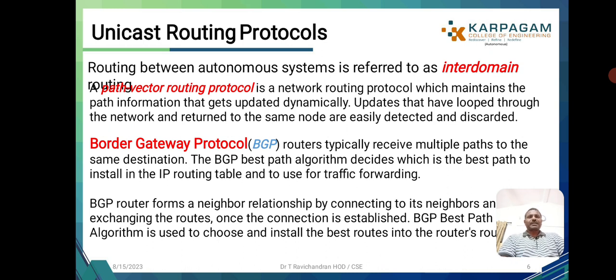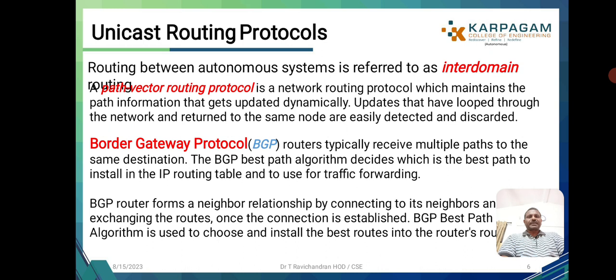Border Gateway Protocol routers typically receive multiple paths to the same destination. The Border Gateway Protocol best path algorithm decides which is the best path to install in the IP routing table and use for traffic forwarding.